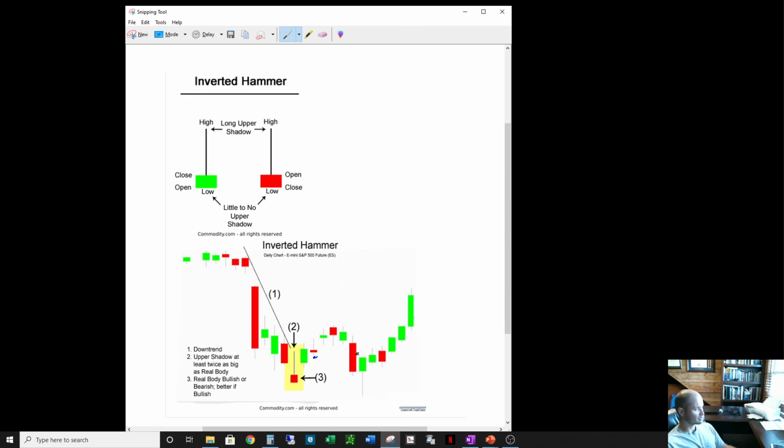It's kind of got that spinning top look to it, but that's fine. If you got this confirmation right here, you could open up a bullish trade, and you could use the low of this candle as your stop loss, or you could use the low of that candle as your stop loss.